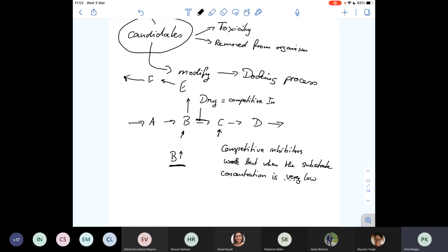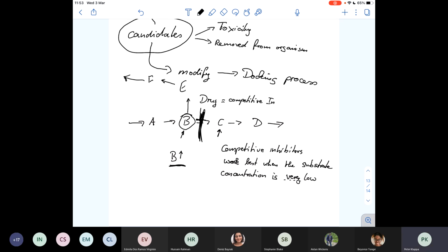That means our concentration of B will not go up too much, and we have a nice block here. So all is not lost. If we have a branch point here in the pathway, then we might be able to use this drug. And even better, maybe we can use this drug to develop an even better inhibitor.